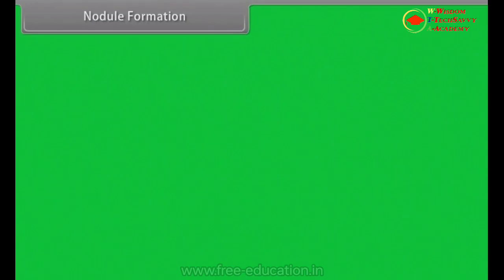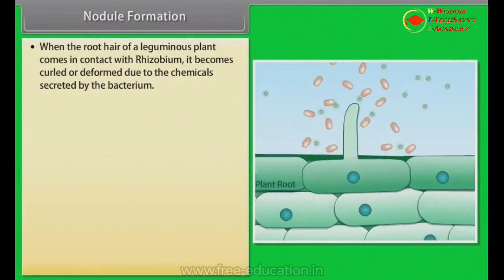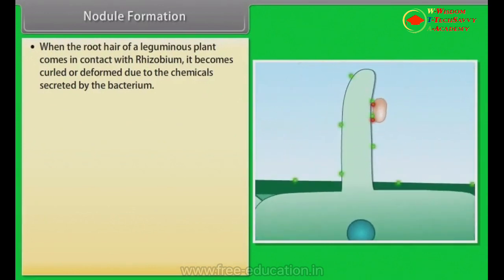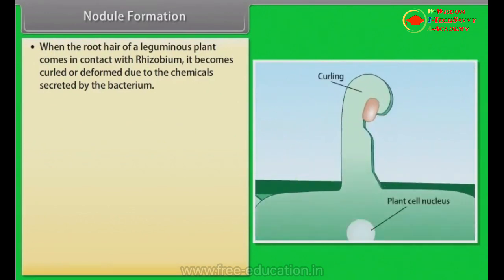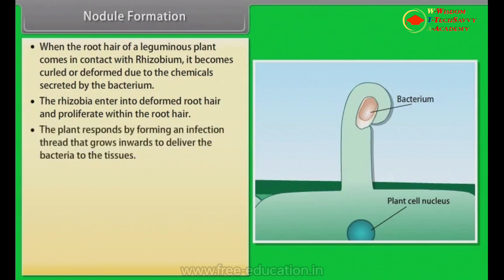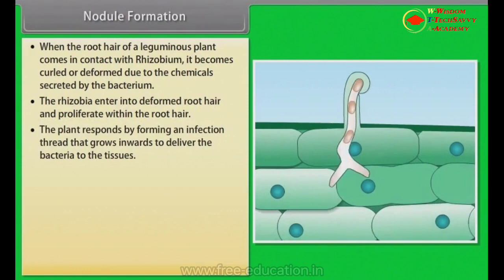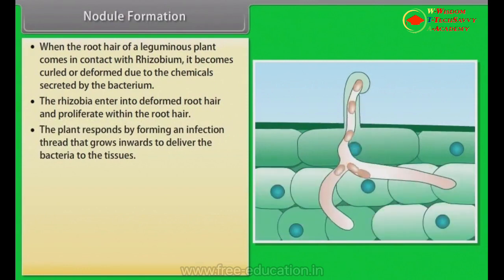Nodule formation. When the root hair of a leguminous plant comes in contact with Rhizobium, it becomes curled or deformed due to the chemicals secreted by the bacterium. The Rhizobia enter the deformed root hair and proliferate within it. The plant responds by forming an infection thread that grows inwards to deliver the bacteria to the tissues.